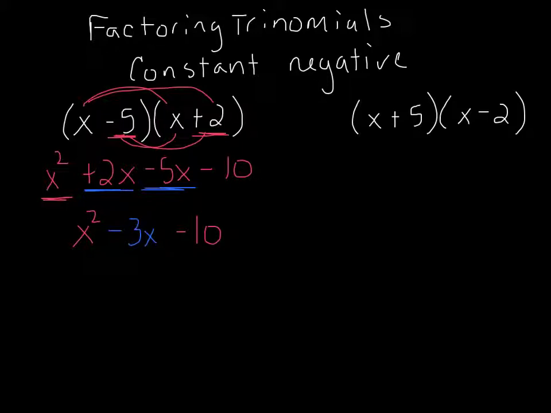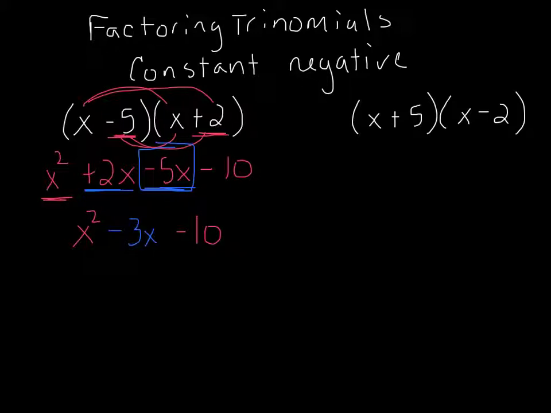In this case, you're going to be subtracting the factors instead of adding. The important thing to know is that when you subtract, you keep the sign of the bigger factor. If you can get that in your head early, it'll make your factoring a whole lot easier.